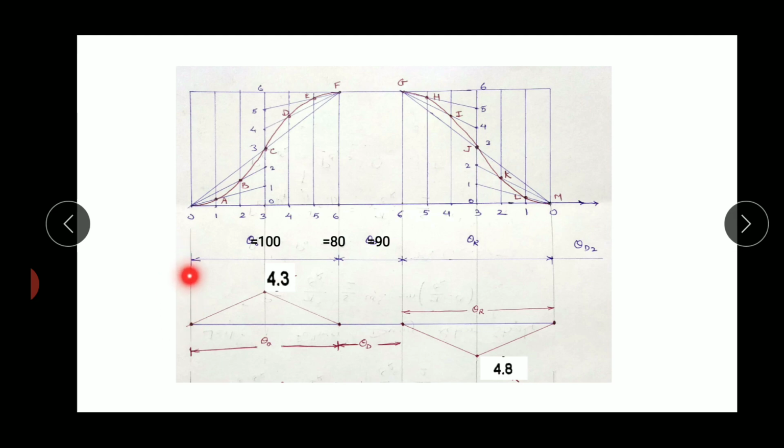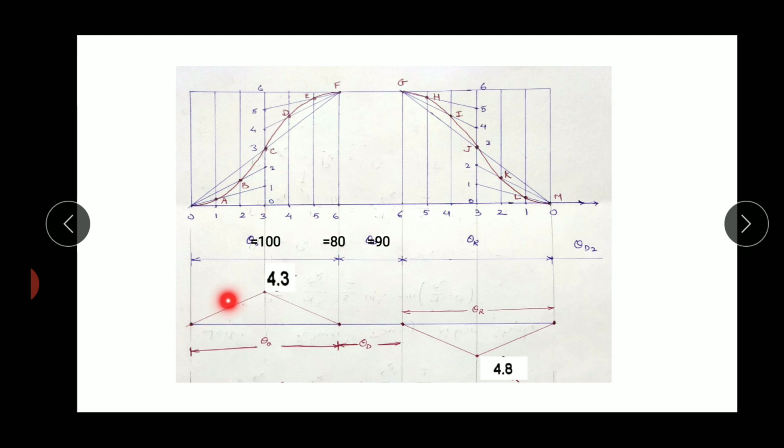On the x-axis there is the angle turned, and on the y-axis there is velocity. We have to plot the velocity, and as we know it is uniform acceleration and retardation motion, that means the rate of change of velocity per unit time is constant. That's why the velocity rise is constant over here, and that's why we have to represent it by a straight line.